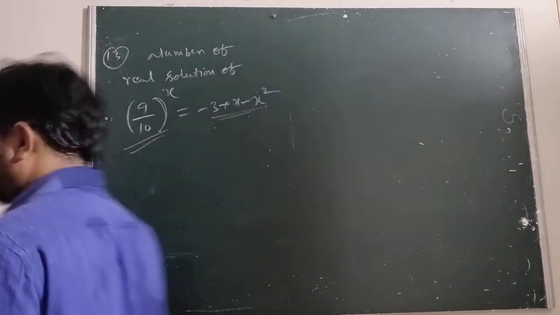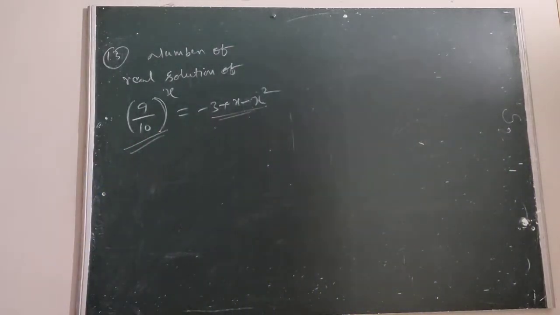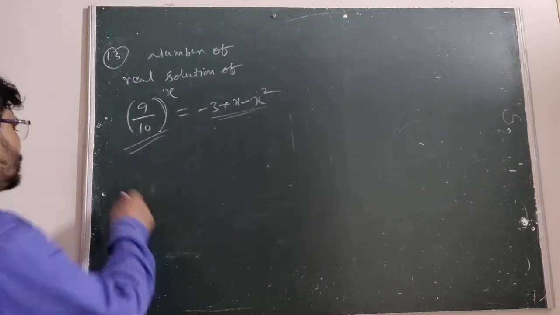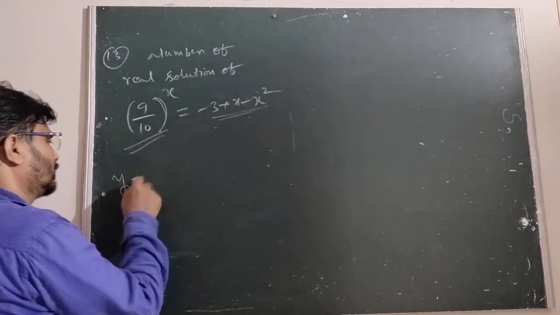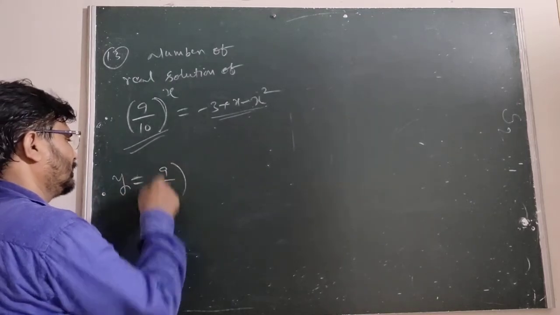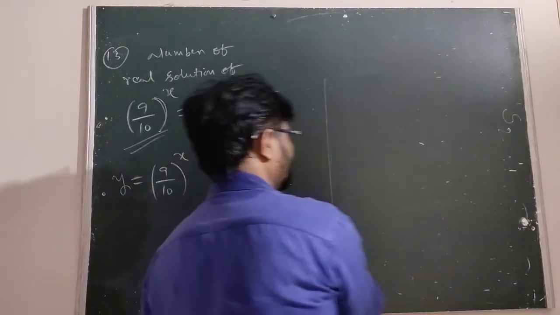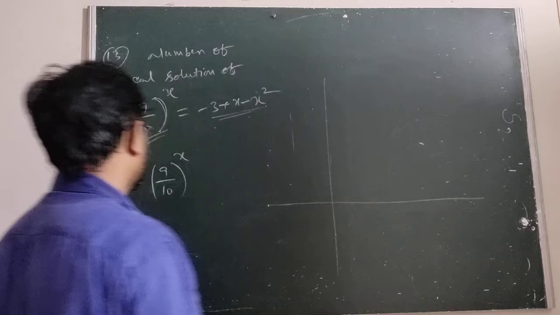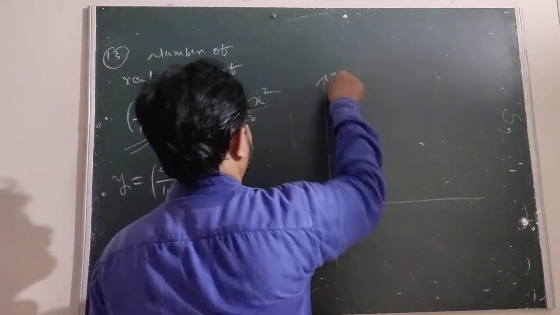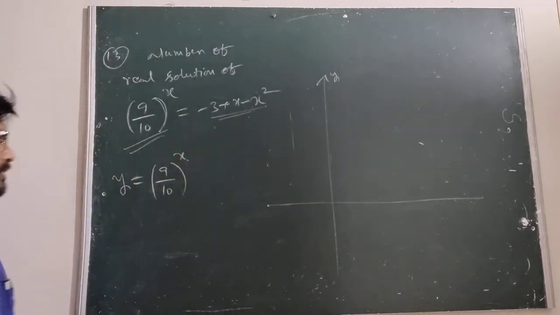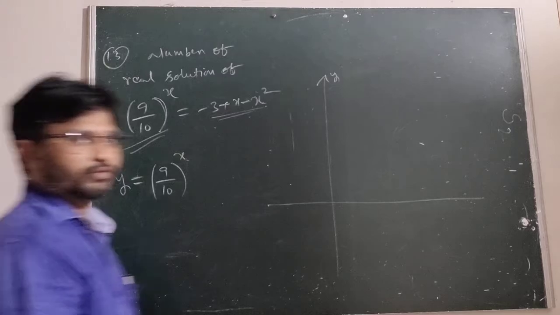Therefore, here is the number of real solutions of the equation. First we take the curve y = (9/10)^x. Now here, 9/10. Suppose on the y-axis x is 0. So when x = 0, y is 1.